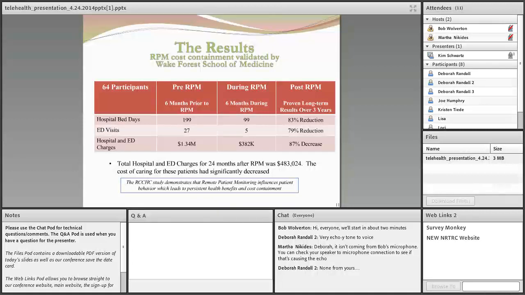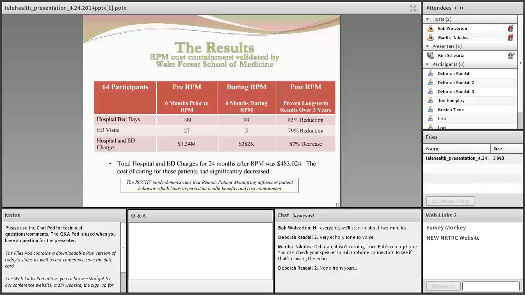So you see that number there on hospital bed days. And then the 6 months they were on telehealth with us, remote patient monitoring, from day 1 to the end of the 6-month period. And then for 3 years we monitored those patients as well after the 6 months. So they only stayed on the remote monitoring for a 6-month period.